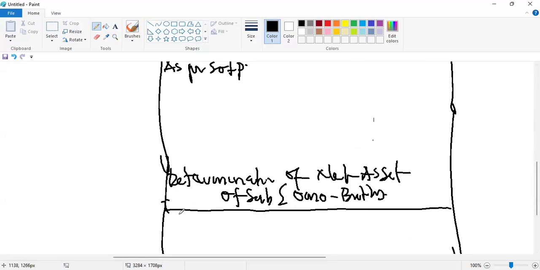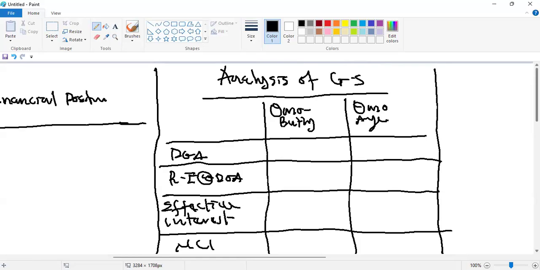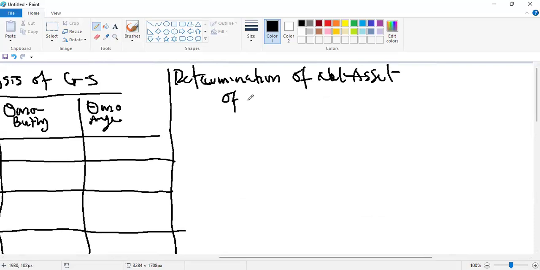So items: DOA, DOC, POS. I'll go further. The second subsidiary, I need to determine the net assets of the second subsidiary. So determination of net assets of subsidiary Omaye.